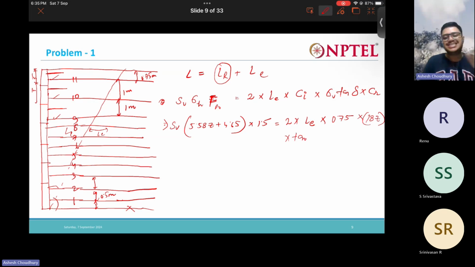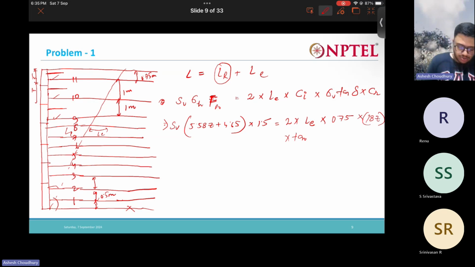Now since the apertures in the geogrid are big, we consider that the soil to soil friction is going to dominate. In case of a geotextile, we considered the friction angle between the surface of the geotextile and the soil. But in this case, since there are apertures in the geogrid, we are going to consider the soil to soil friction angle only, that is, directly the friction angle of the soil.